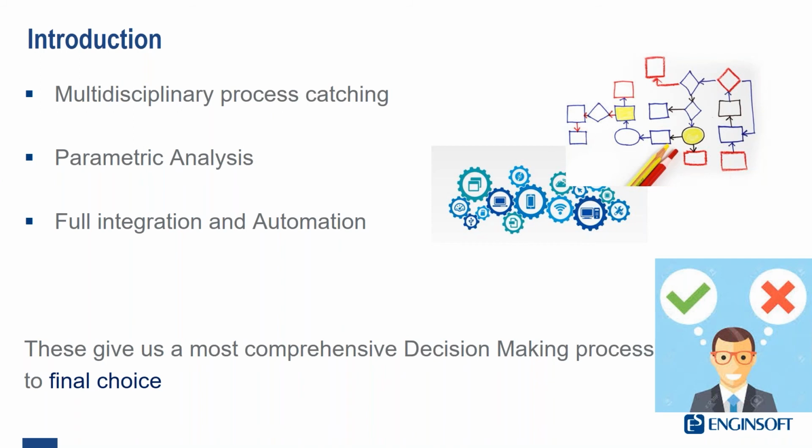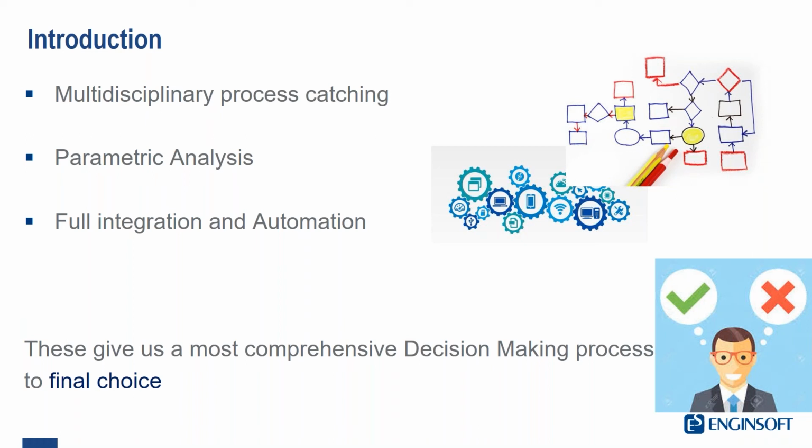On our side, we have identified three main keywords. First of all, we have to be able to analyze and capture our development process. Then we have to define parametric models in order to handle the right leverages to get the best performance, the best compromise solution.